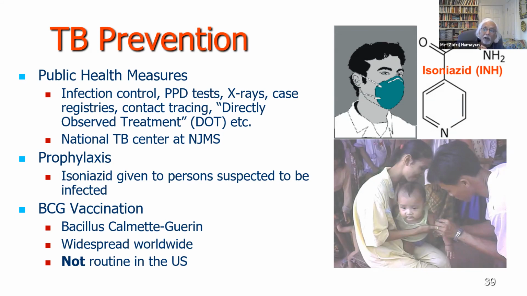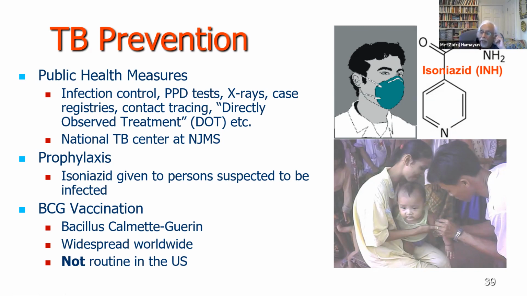As you enter your adult years, its ability to protect you from TB infection erodes, so that BCG vaccination is not effective in adults, but is believed to be effective in children. Okay, that's the reason why it is practiced worldwide. In the United States, BCG vaccination is not given.